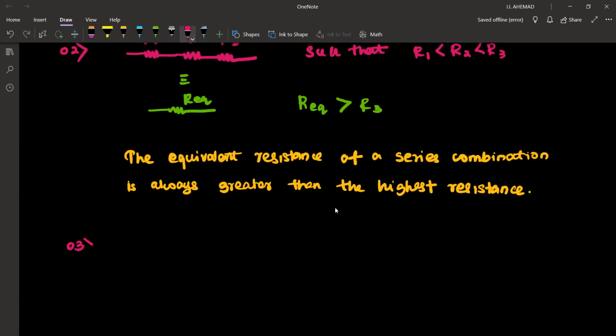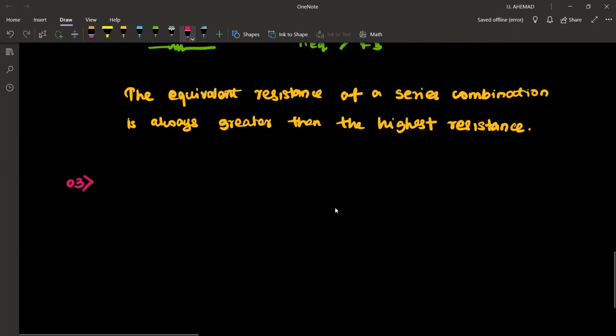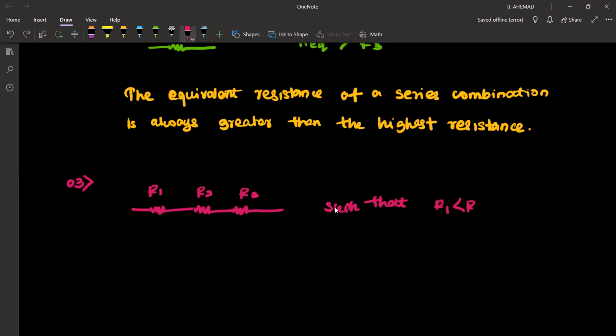Note number 3. Again, we have 3 resistors, R1, R2, and R3, such that R3 is greatest.